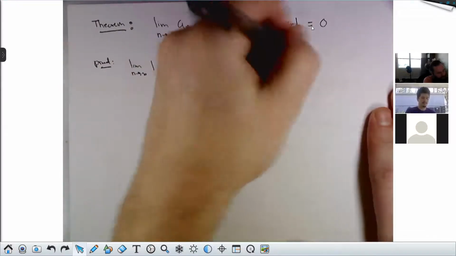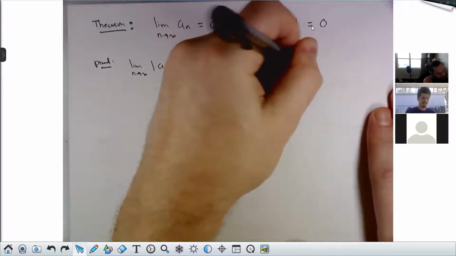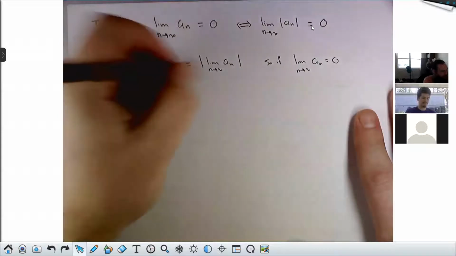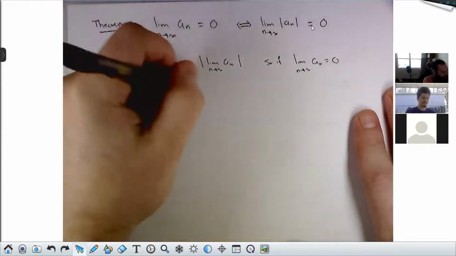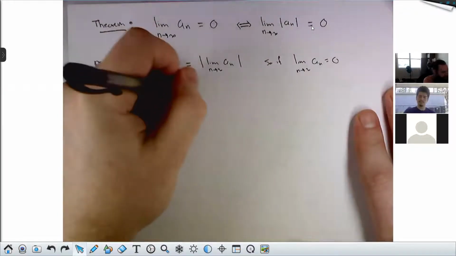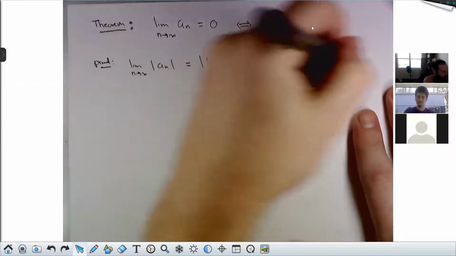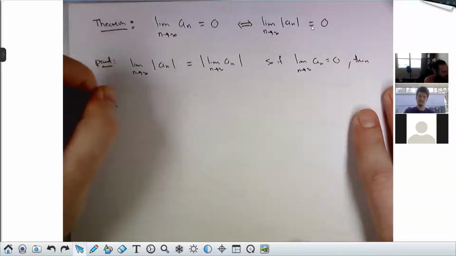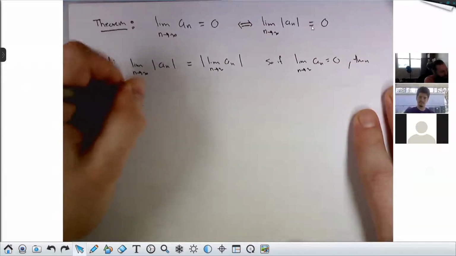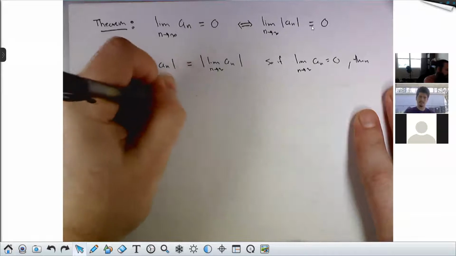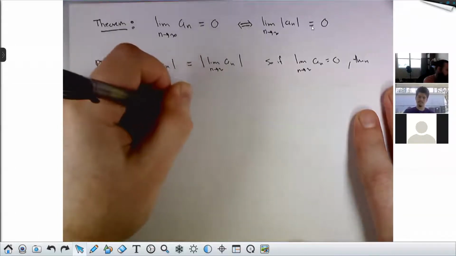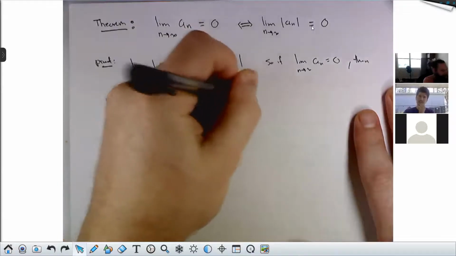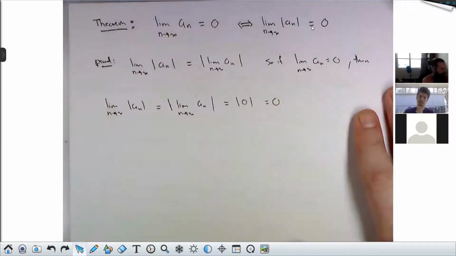So if the limit as n goes to infinity of a_n equals 0, then the limit of abs a_n equals abs of the limit of a_n, equals abs 0, equals 0.